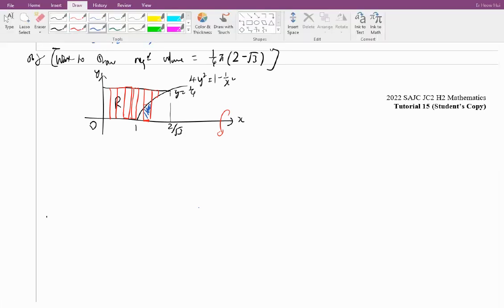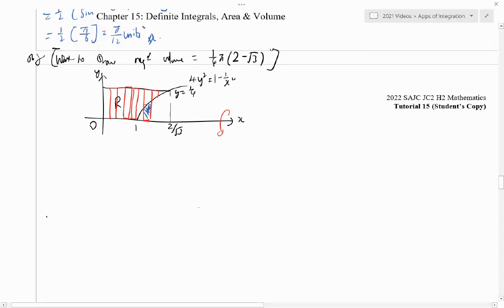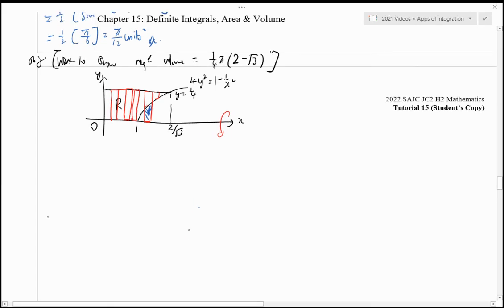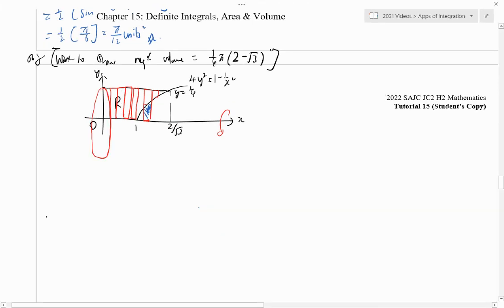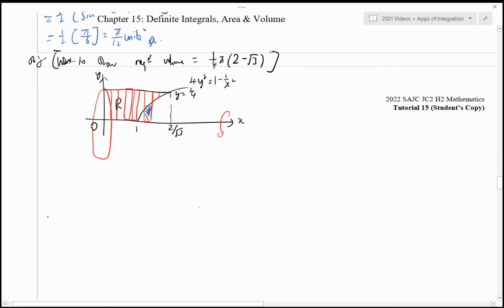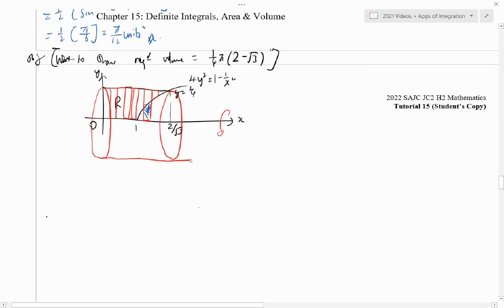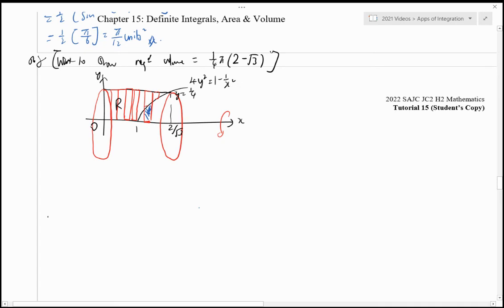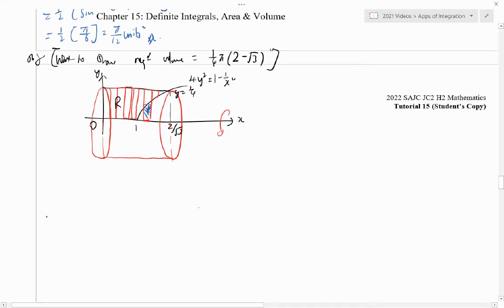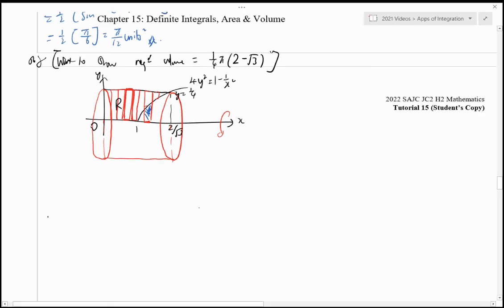So what's happening actually? If the red strip continued from 0 all the way to 2 over root 3, you notice that we can actually draw this particular diagram. If we took a full strip from the x-axis to the horizontal line y equals 4, they actually generate the volume of a cylinder.